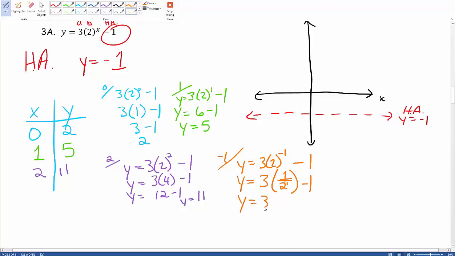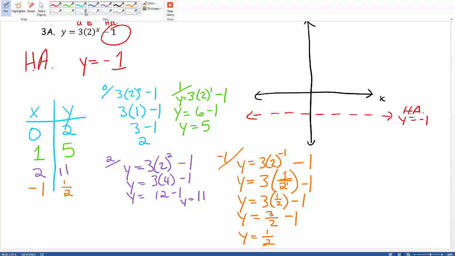Simplifying things up, we end up with 3 times, really a half, minus 1. Then y is equal to 3 times a half gives us 3 halves, minus 1. Which is really the same thing as saying 1 and 1 half minus 1, or finally 1 half. So again, when we plugged in negative 1, we should have ended up with the y value 1 over 2.